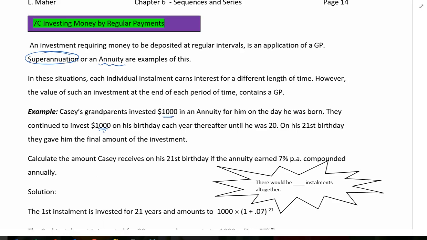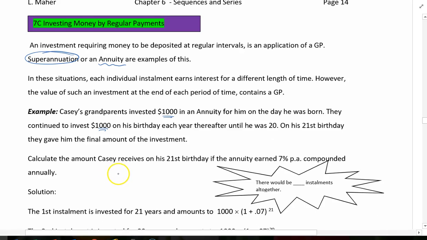So they deposited until he was 20. On his 21st birthday, they gave him the final amount in the investment. So they didn't deposit another amount on his 21st birthday. They stopped when he turned 20, but collected it a year later. So you can see that the last amount does earn some interest.